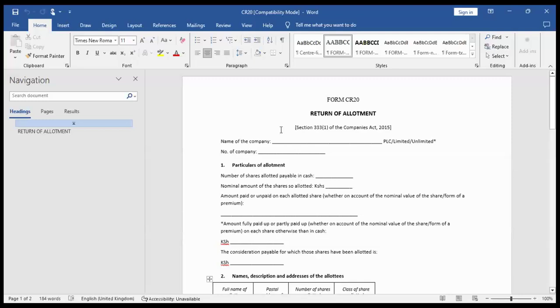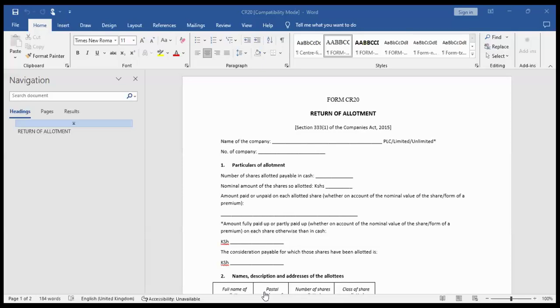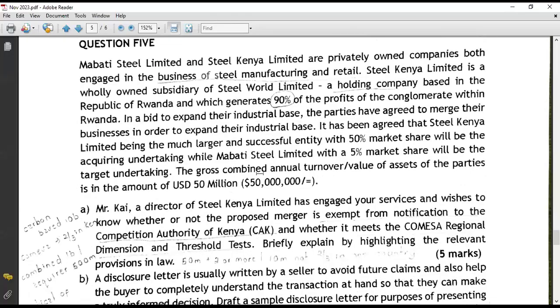So read that one. We can go to the next question, question 5. So I want to project. Mabati Steel Limited and Steel Kenya Limited are privately owned companies, both engaged in the business of steel manufacturing and retail. Steel Kenya Limited is a wholly owned subsidiary of Steel World Limited, a holding company based in the Republic of Rwanda, which generates 90% of the profits of the conglomerate within Rwanda.